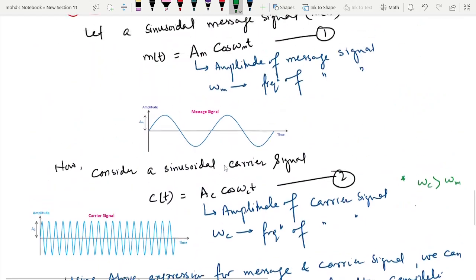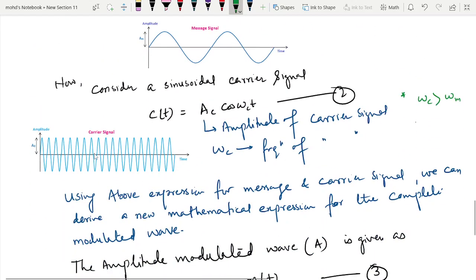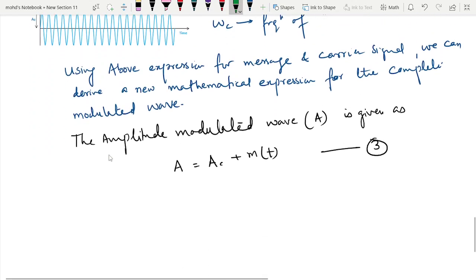So we have a message signal, and this is a carrier signal, which has a much greater frequency than the message signal. So the amplitude modulated signal is given as A = Ac + m(t), which is equation 3.